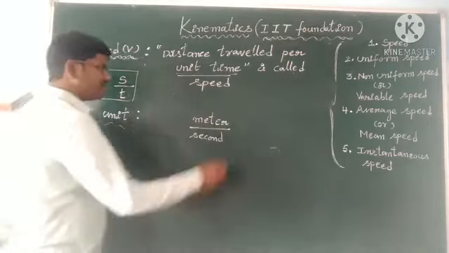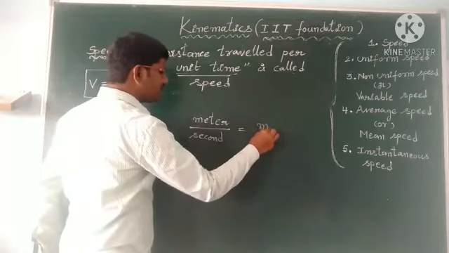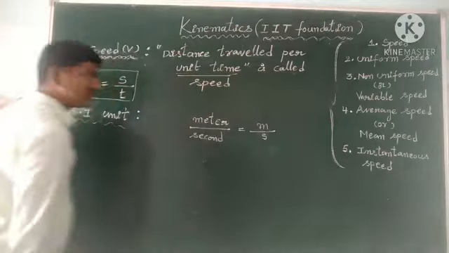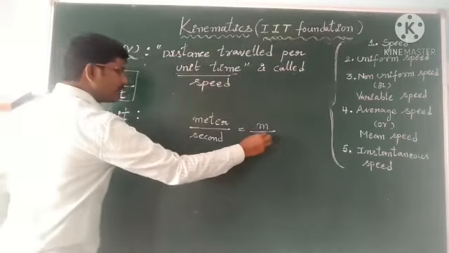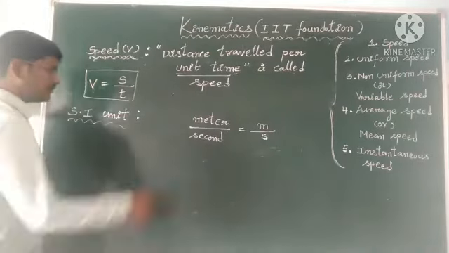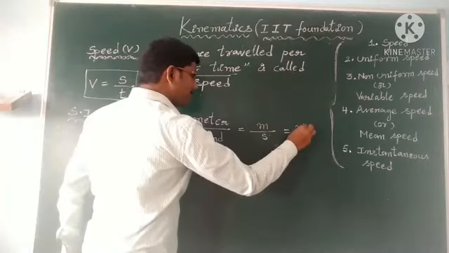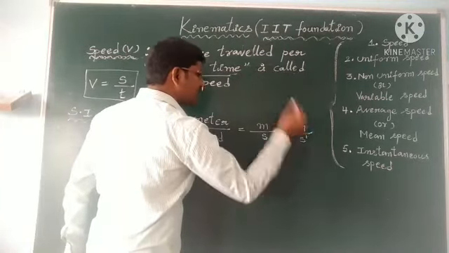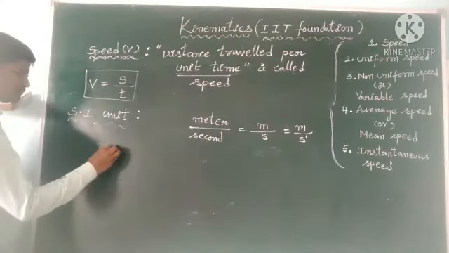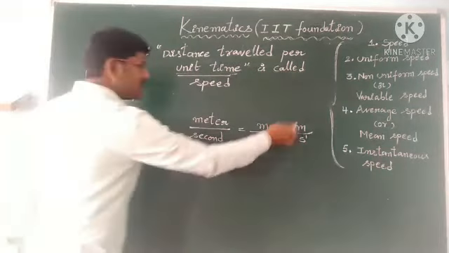So the meter symbol in the SI table is M, and the second symbol in the SI table is S. So meters per second, you got the unit. Now this second, power nothing is there means power 1, meter.